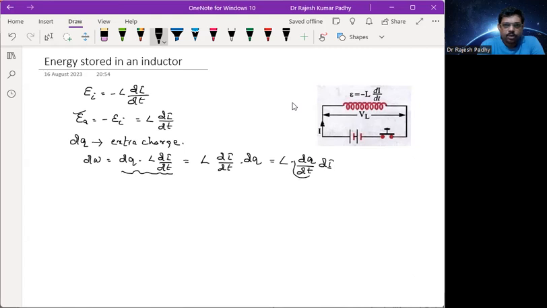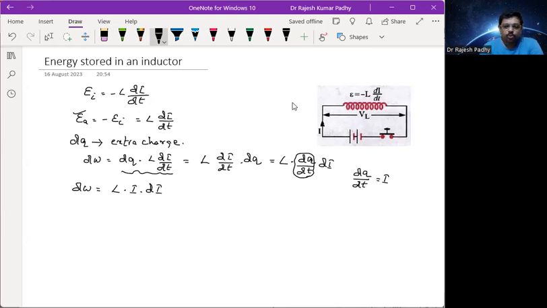Now, what is dq by dt? dq by dt is the rate of flow of charge, the extra charge that we want to flow through the inductor, and so dq by dt is the current at that instant. Therefore, if I rewrite it, dW equals L into I into di.